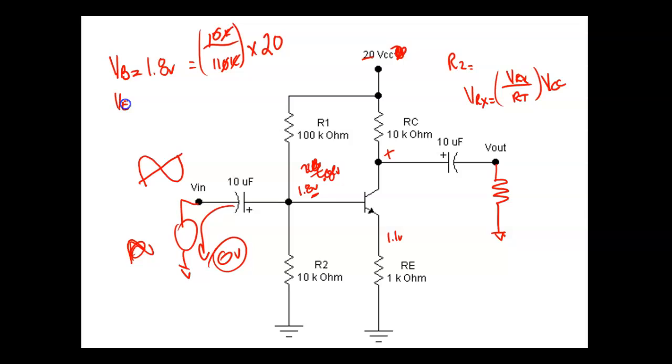So VE is going to be equal to 1.1 volts. We're calculating IE, but what was the difference a while ago between 8.7 milliamps and 87 microamps? It wasn't even enough to do what? So I equals 1.1 milliamps.